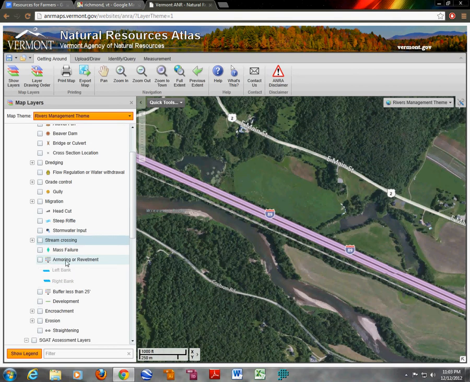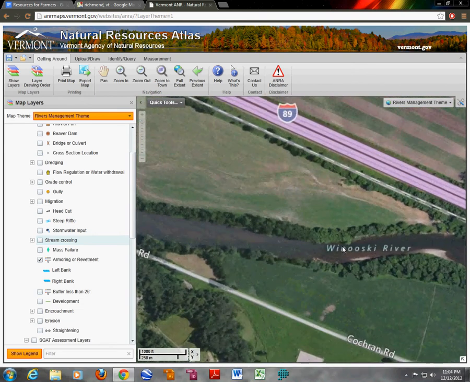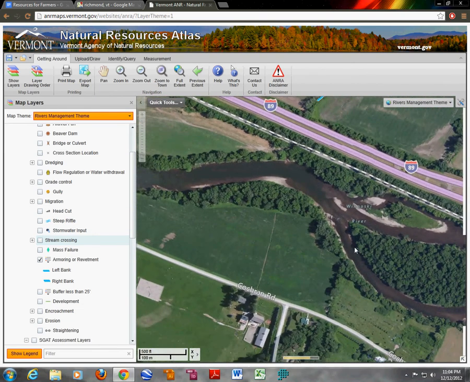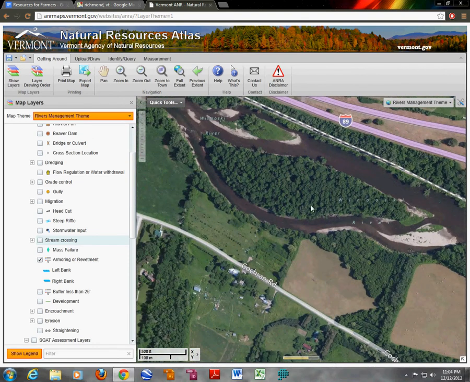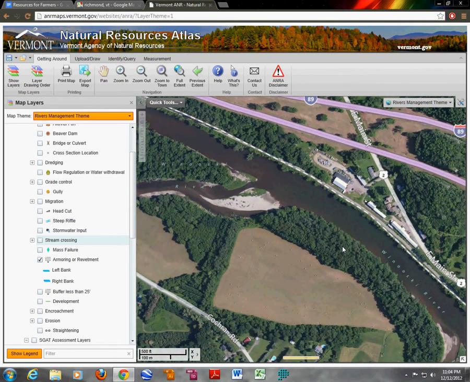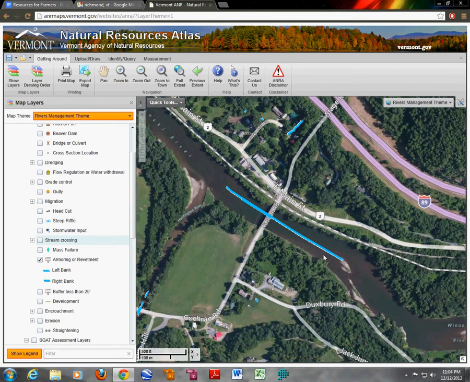All of these tabs, armoring and revetment, this is important because it shows where the river has been strengthened by man. An example of armoring would be riprap or any cement or any engineered structure that deters the river from following the path it wants to follow.